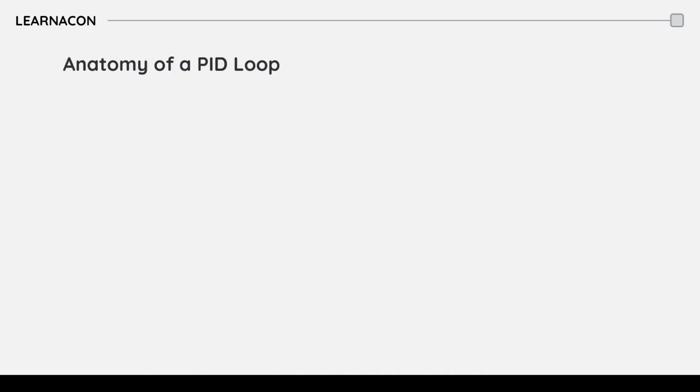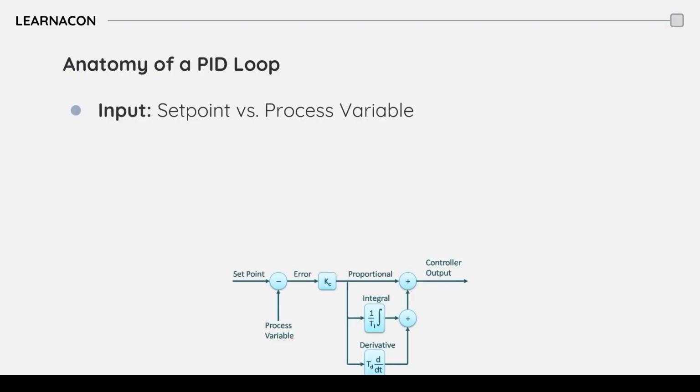Here is the heartbeat of a PID loop. On the input side, a PID loop compares the desired value, called the setpoint, with the actual value, known as the process variable. The difference between them is called the error. The controller uses this error to calculate how much correction is needed.